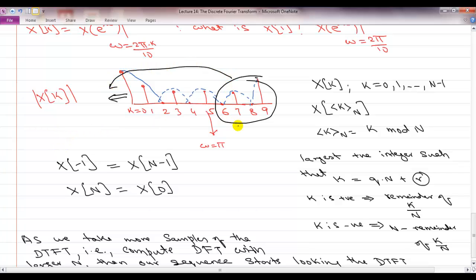Because up to this point is pi, all of these samples are above pi, and those samples are the same as the ones you would have gotten from -pi to 0. So what you want to do is shift these samples to the left side and then plot them, so that you get a nicer view of what the DTFT would look like.